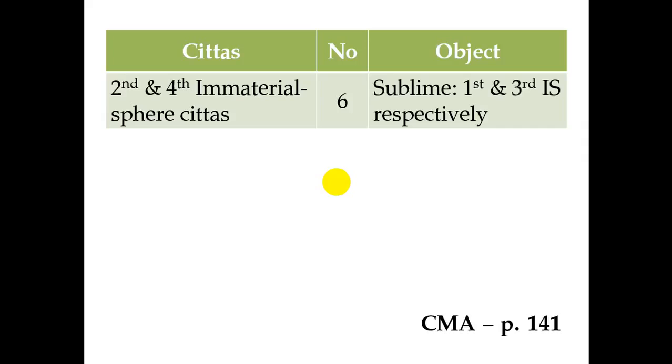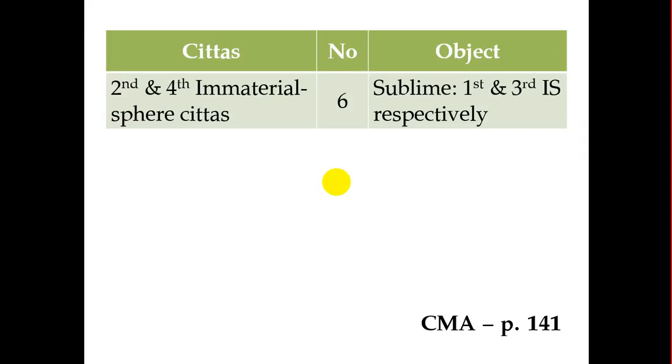Consciousness, vijnana. Akasa means the consciousness of infinite space, the consciousness of infinite consciousness, right? So therefore, the second immaterial jhana chetasika takes the object of the first immaterial jhana.